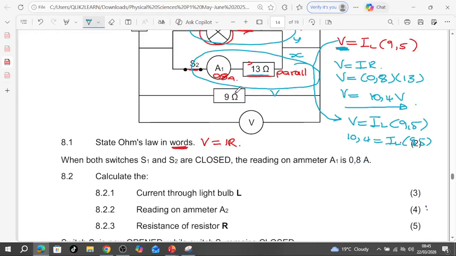Then let's divide both sides by 9.5. The answer we get is the current of the light bulb, which is 1.09 amperes. Then you'll have those 4 marks. We are collecting the marks.